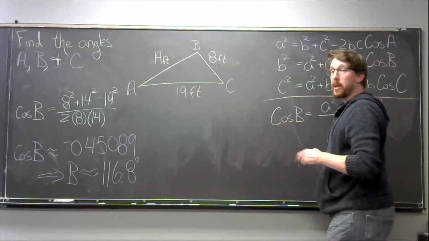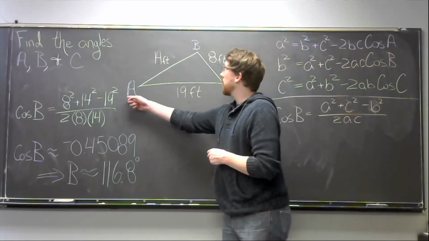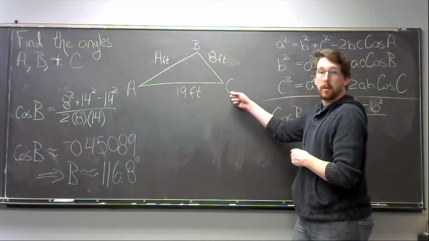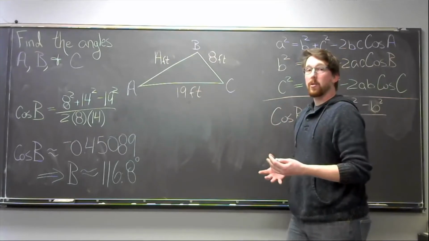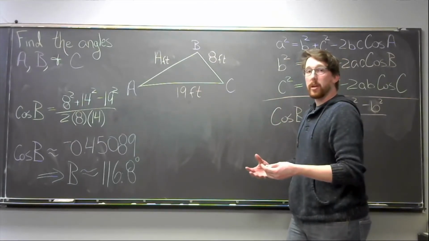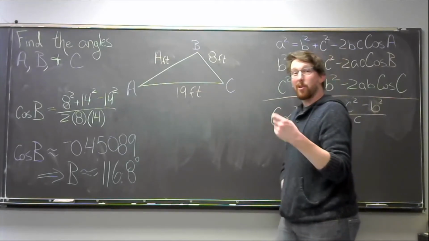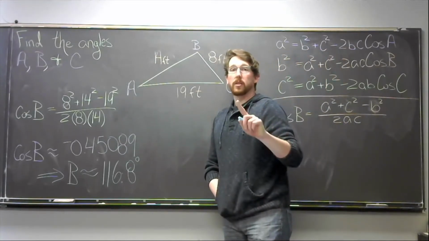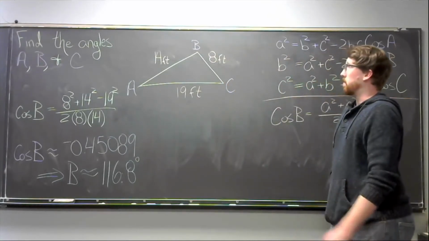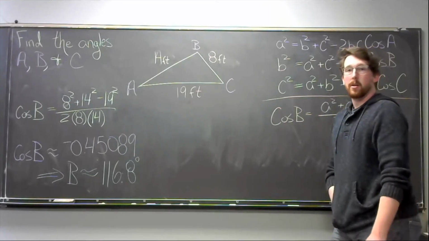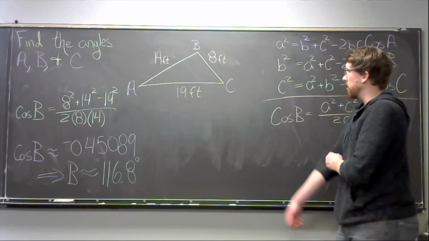Now that we know B, we can apply the law of sine to find A or C, and then use the fact that all of our angles have to add up to 180 degrees to find the remaining angle. So you only have to do this big calculation once. After that, you can just apply law of sine and whatever other arithmetic you might want to find the other angle.